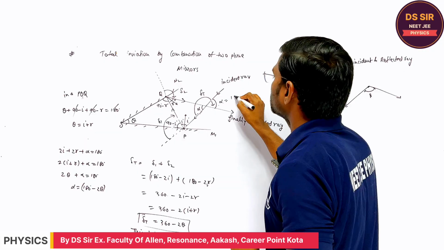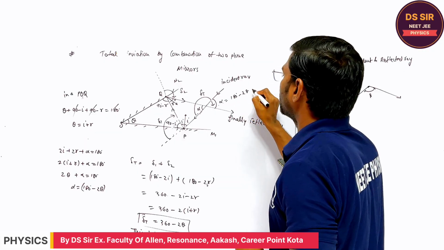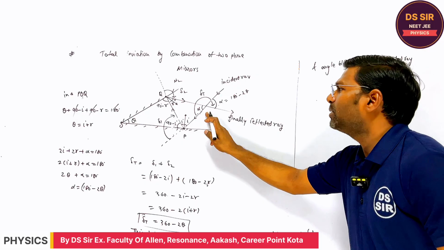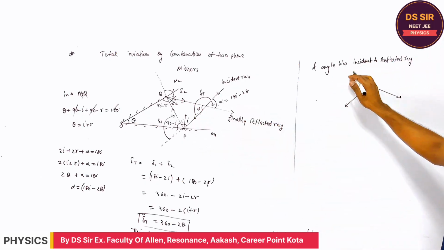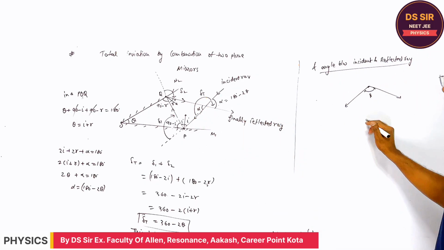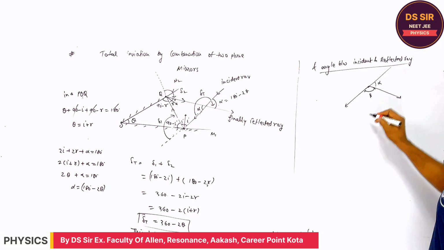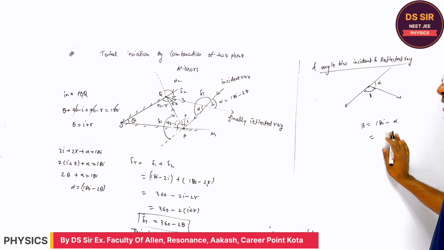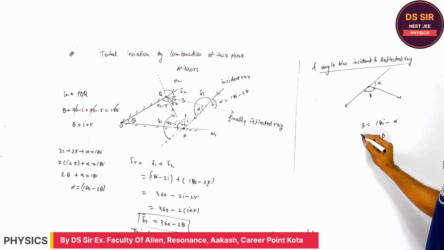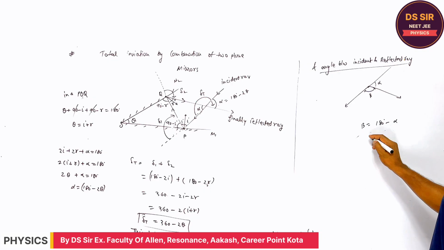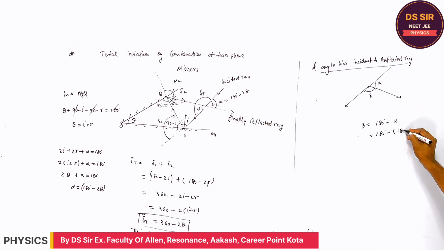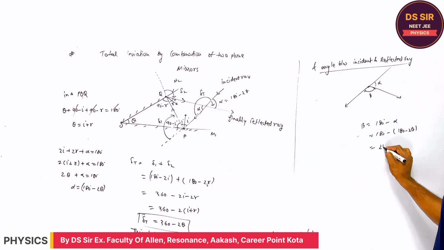If alpha is 180 minus 2 theta, you have to remember this figure. The angle between the incident and the final ray is not alpha, rather it is beta. So beta is 180 minus alpha, and 180 minus alpha is 180 minus (180 minus 2 theta), which is equal to 2 theta.